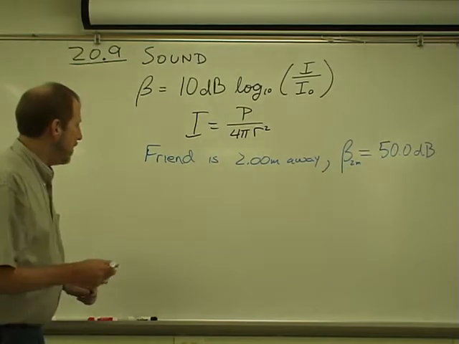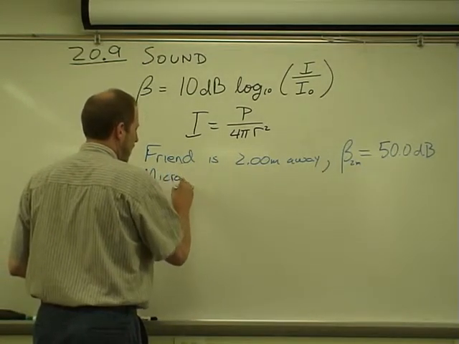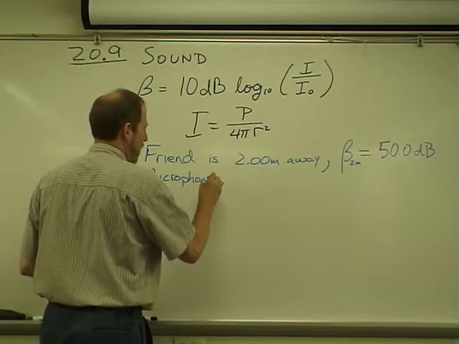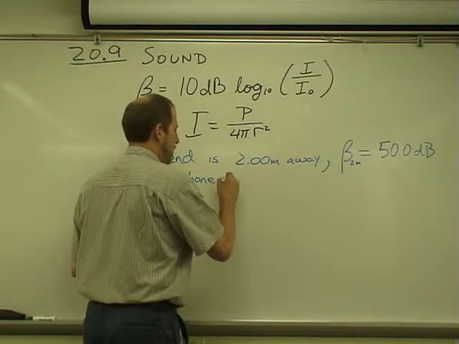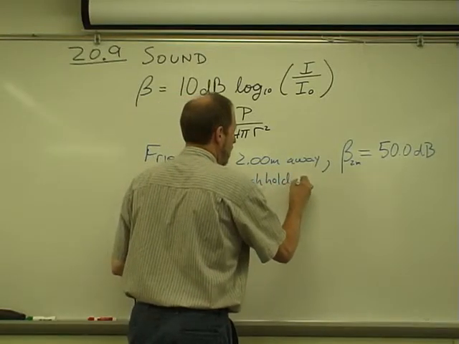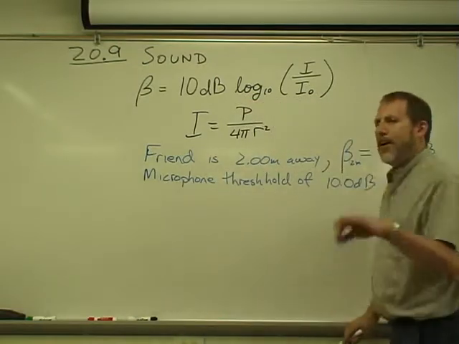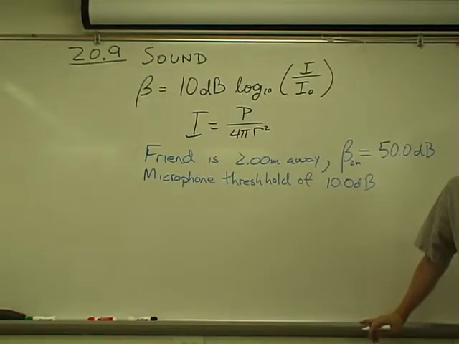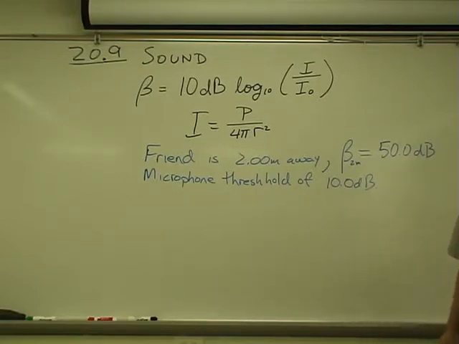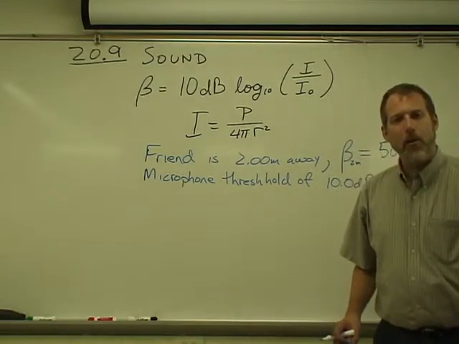Now, suppose you think somebody is trying to spy on you and find out what you're telling your friend. And you know that the microphones that those people are using have a threshold of 10 decibels. If the sound is above 10 decibels, the microphone will turn on, they'll record it.